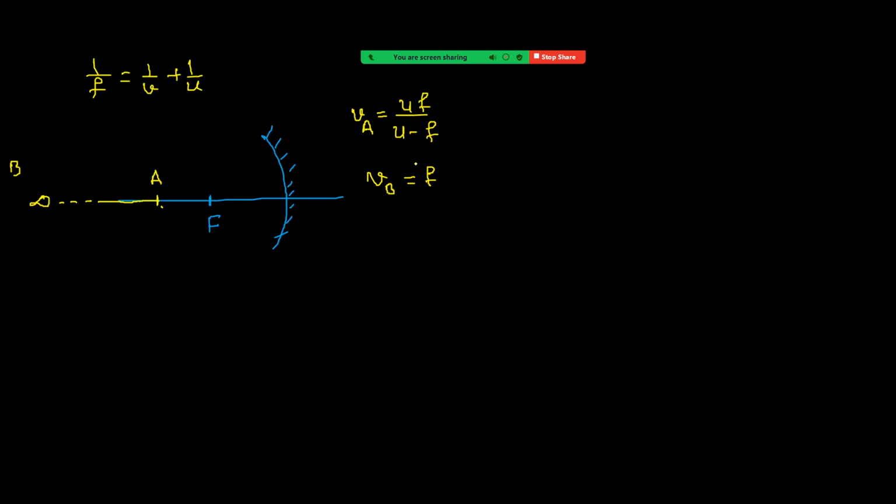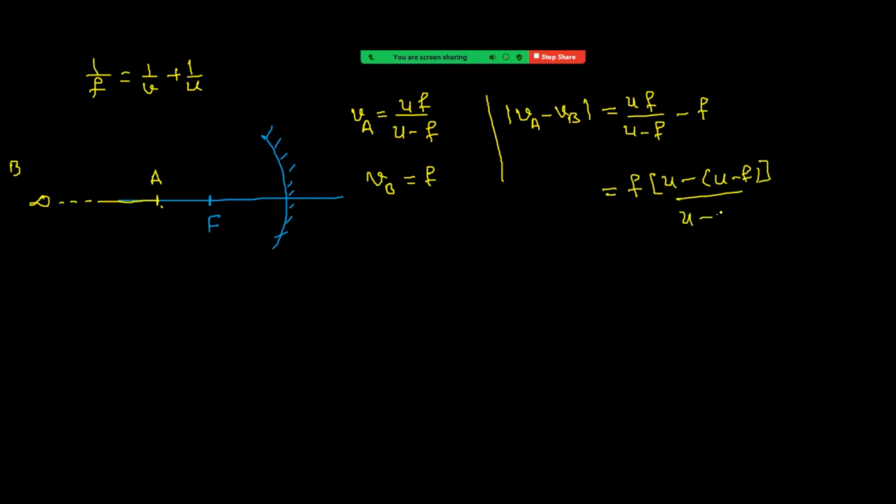Now we have to find the length of the image. Then we can write modulus of VA minus VB, that is u f by (u minus f) minus f. Here I'm taking f outside. Remaining is u minus (u minus f) upon (u minus f).